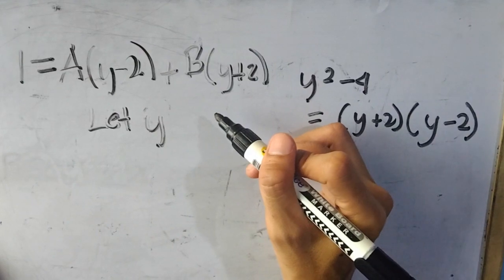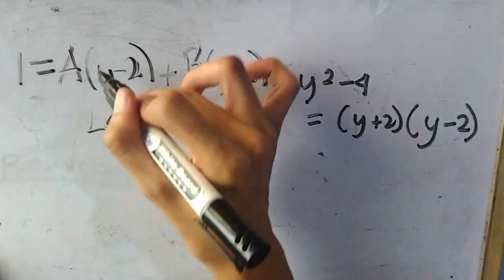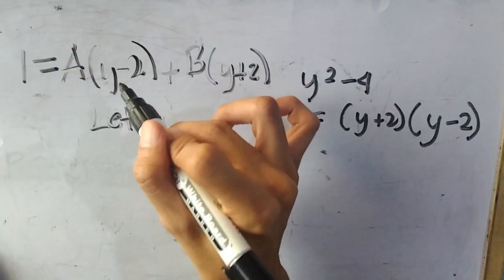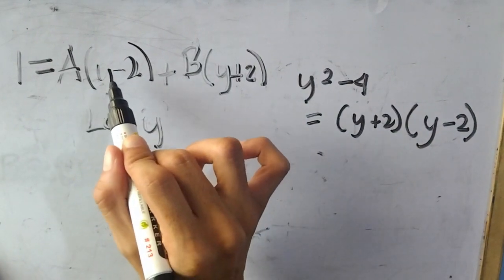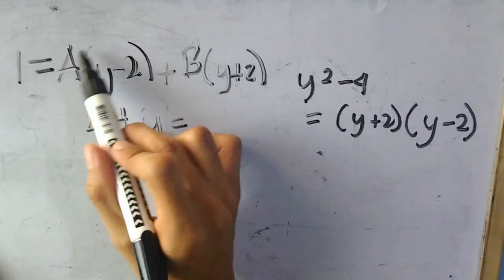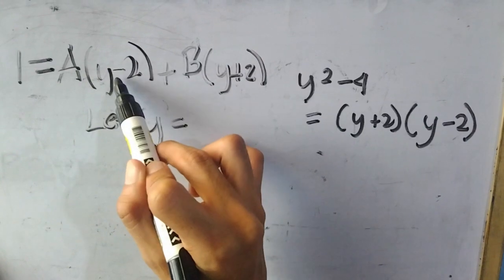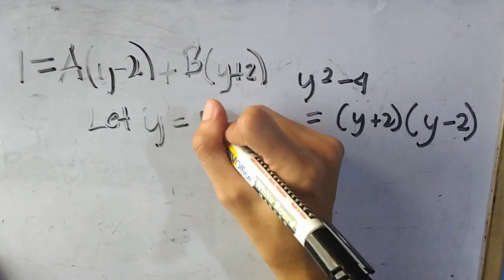If you would like to know the value of b, we have to make this 0. How to make this 0 is to let y equal 2, so 2 minus 2 equals 0. So let y equal 2.